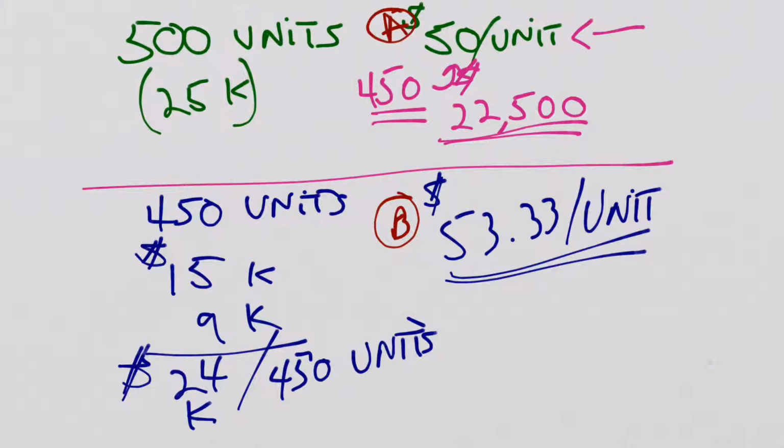If you have more units produced, it'll have a favorable result, because with more units produced you get to spread the overhead out over more units, and so you expect a lower cost per unit, which would be favorable.